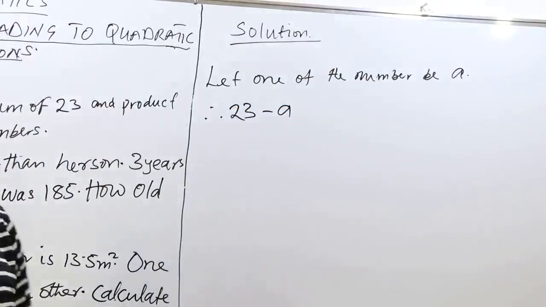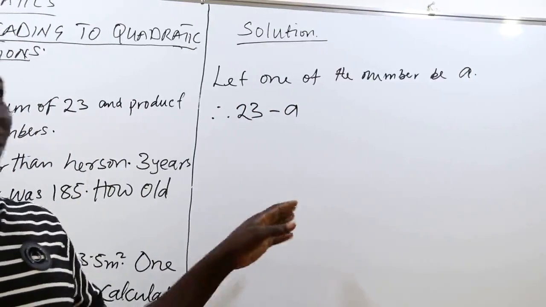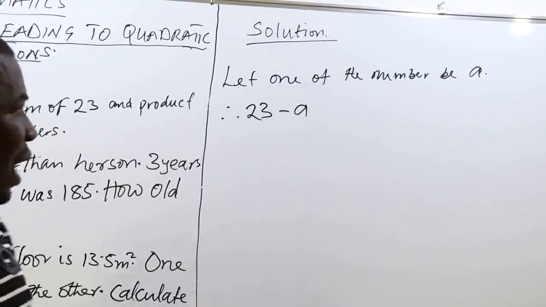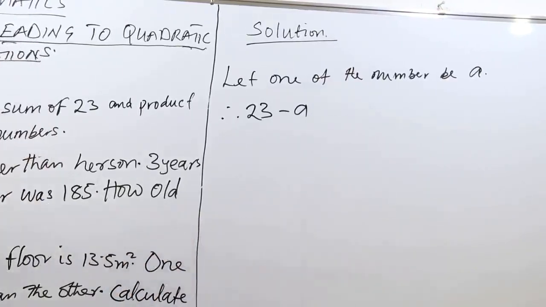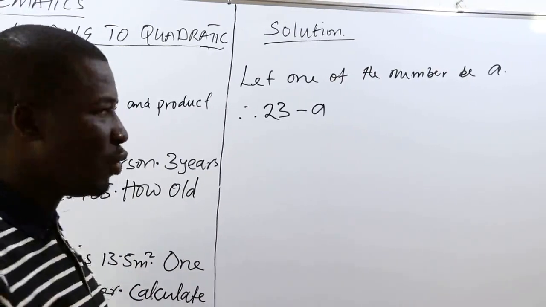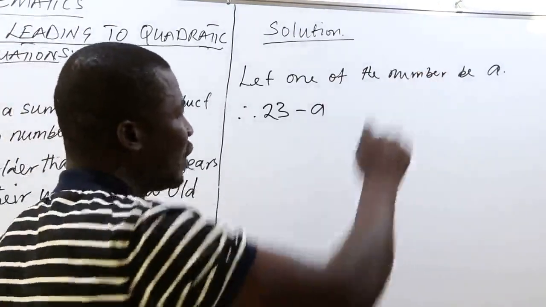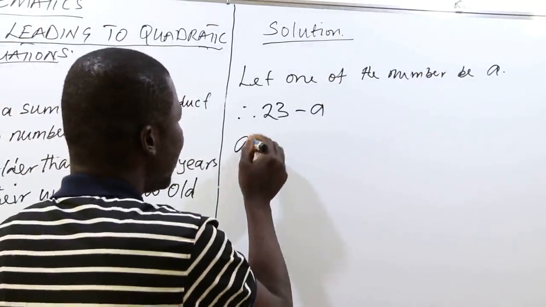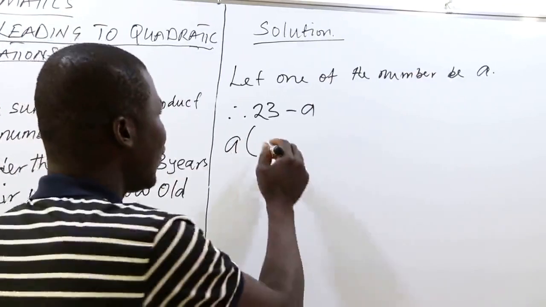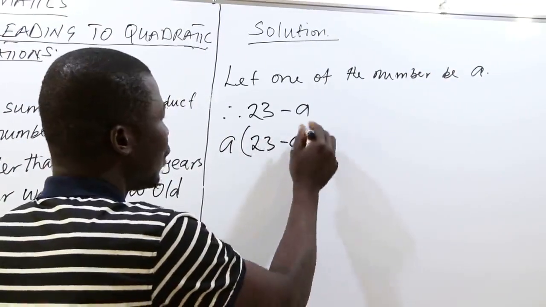If we subtract a from 23, we obtain the other number. And we say the product of the numbers is 132. Our first number is a, so a is multiplying 23 minus a, since product means multiplication.